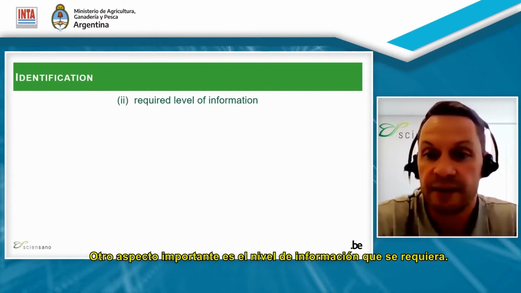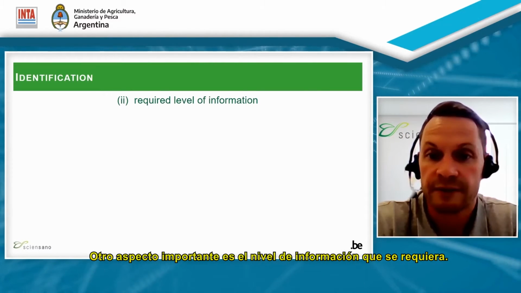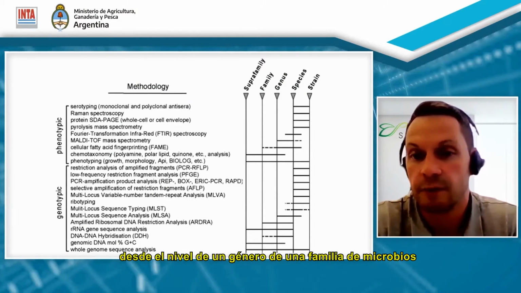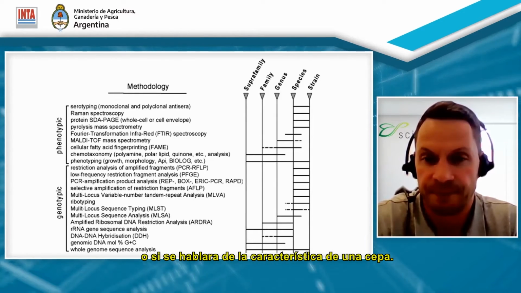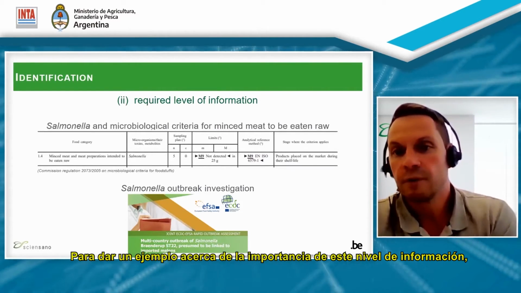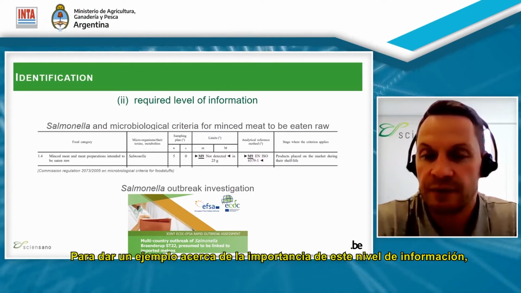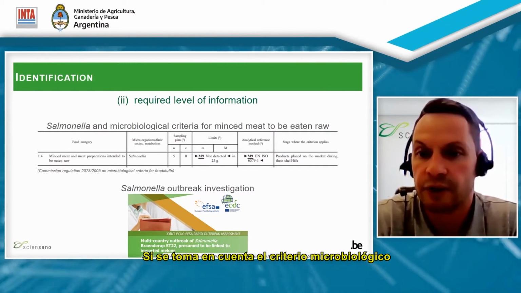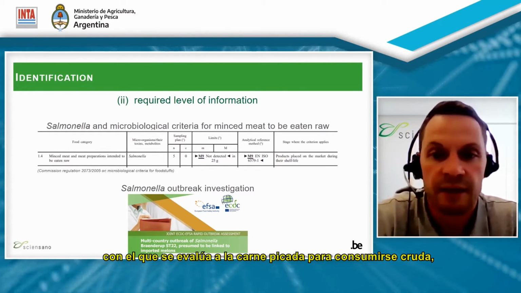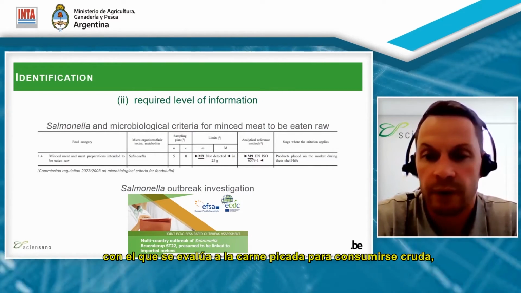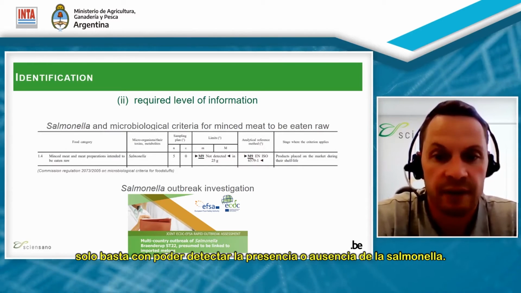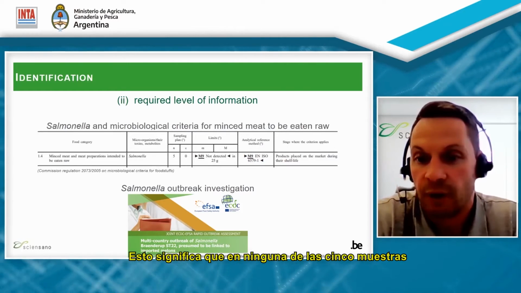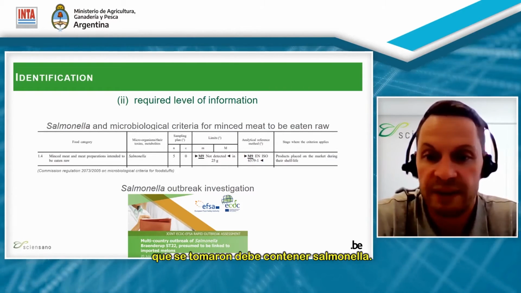Another important aspect is the level of information required. Methods vary in their resolution from family genus level up to strain characterization. To give an example of the importance of level of information, let's have a look at Salmonella. Taking into account the microbiological criteria for minced meat intended to be consumed raw, presence or absence of Salmonella is sufficient. This means that in none of the 5 samples of the sampling plan, Salmonella should be detected.